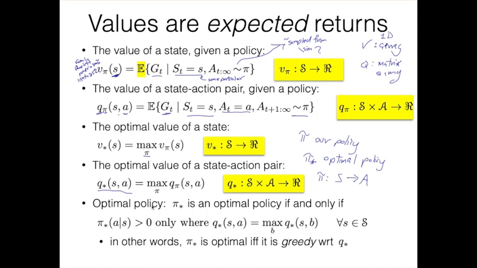So we'll go through the next bunch of slides, clarifying what each of these value functions means. And the optimal policy is the one where we're always taking the best action. So for every state, there's an action that's available. That's why it has a value greater than 0.